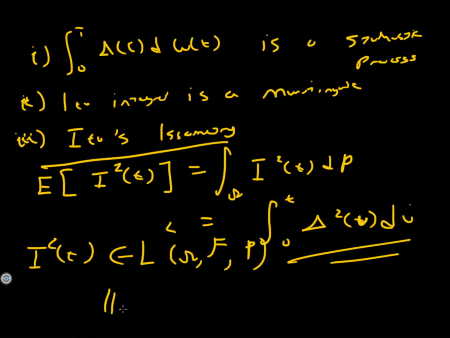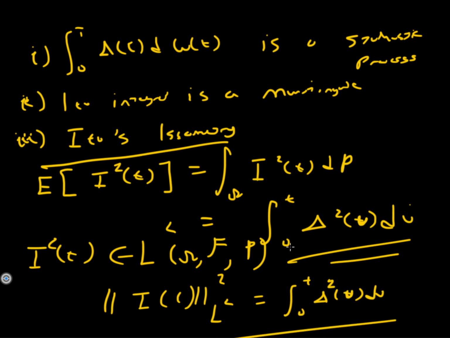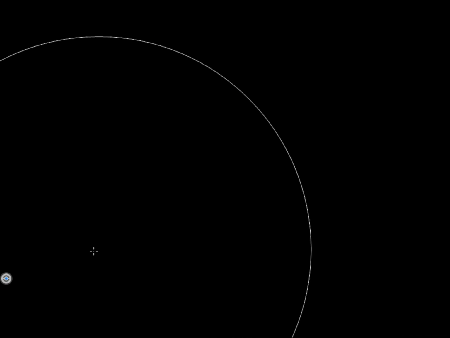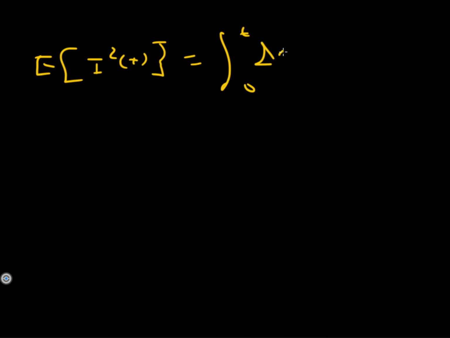As such, this is basically Ito's isometry. So what we got from Ito's isometry is that the expected value of the Ito integral squared is going to be but a Lebesgue integral of the simple process squared du from 0 to t.